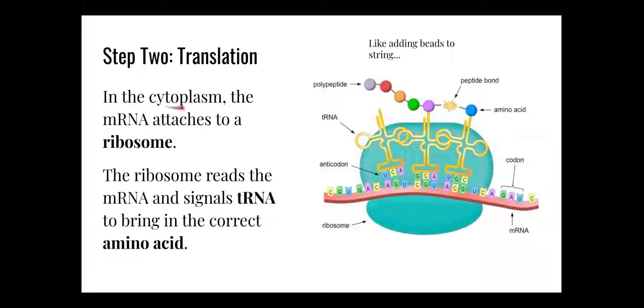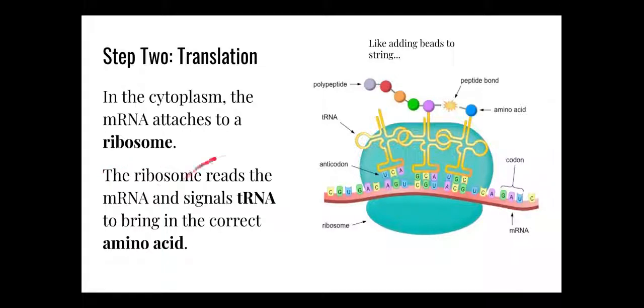And once it's in the cytoplasm, it can attach to a structure called a ribosome. A ribosome is an organelle, and we know that this organelle is the site of protein synthesis. So it's where proteins are made, which makes sense because that's the step we're on.